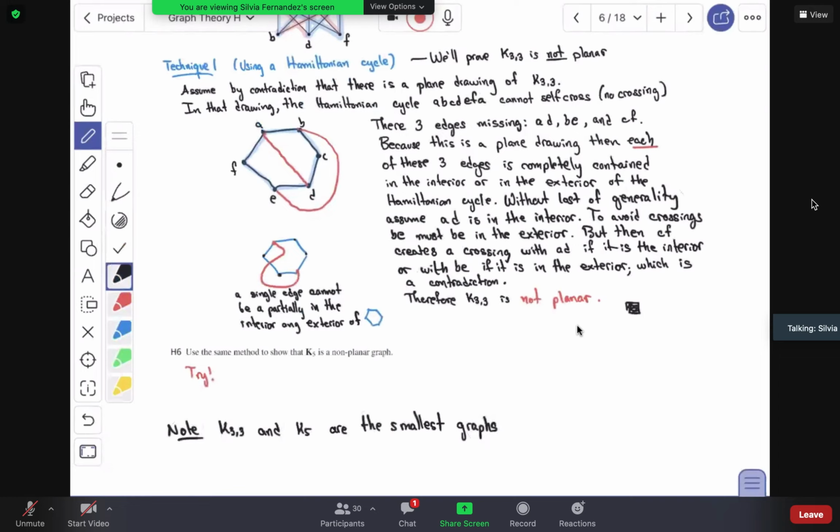We'll discuss that later. So K33 and K5 are the smallest graphs that are not planar.